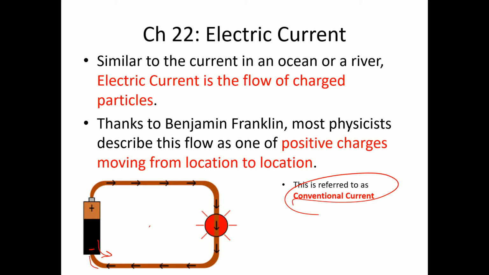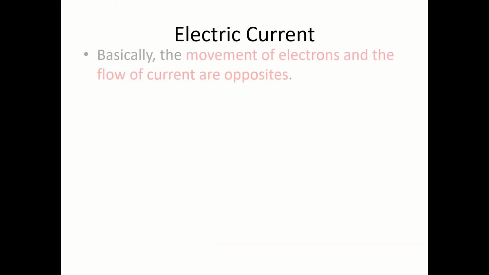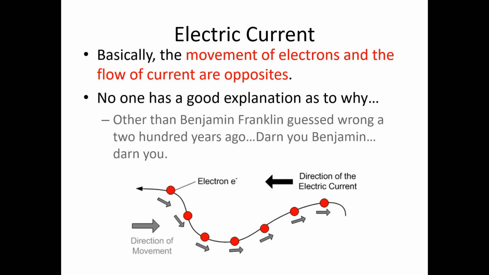And as they leave the negative terminal of the battery and go through the circuit, through the light bulb, they return in the positive terminal because that's what we recognize that they actually do now. We know that these electrons are the things that are actually moving. But for the vast majority of our understanding of electrostatics or electrical current, we actually thought it was the other way around. All because Ben guessed wrong, and that was really it.